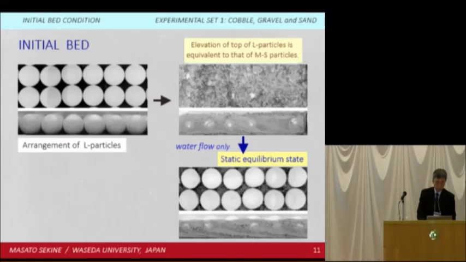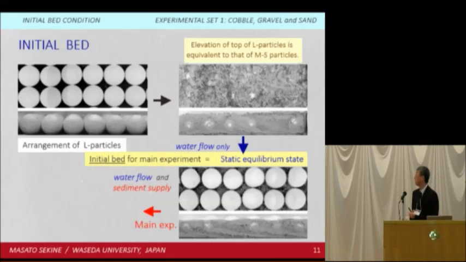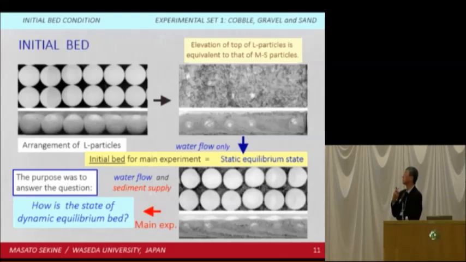In our main experiment, the initial bed was set to these conditions, and we started the water flow with sediment supply. The purpose was to answer the question: what is the state of the dynamic equilibrium bed?